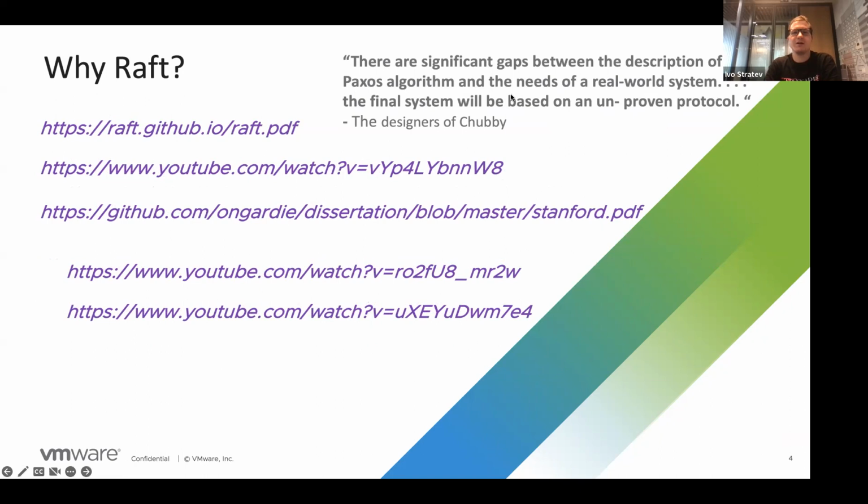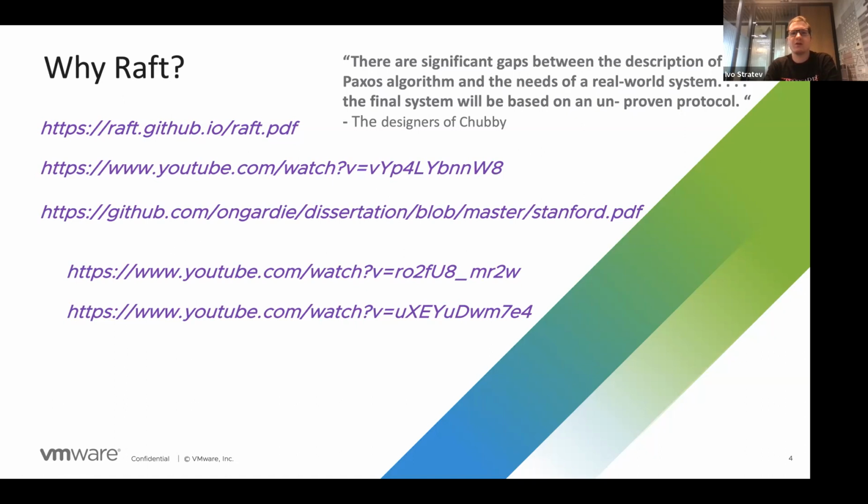And of course, as part of the Raft GitHub page, and also the dissertation, you will find the following text there. There are significant gaps between the description of Paxos and the need for a real-world system. The final system usually has a protocol that's unproven. And this is actually the case in Chubby.